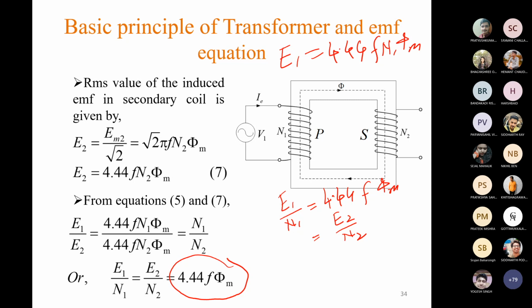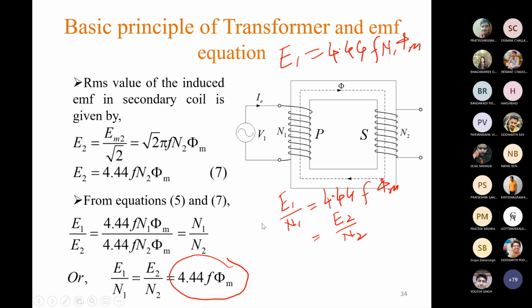We call it the EMF per turn. E1 is the total induced EMF across the primary having N1 number of turns, and E2 is the induced EMF across the secondary having N2 number of turns. From those two equations we can write E1 by N1, that is the induced EMF in the primary per turn, is equal to 4.44 F phi m, which is also the same across the secondary winding, that is E2 by N2, the EMF per turn in the secondary side.